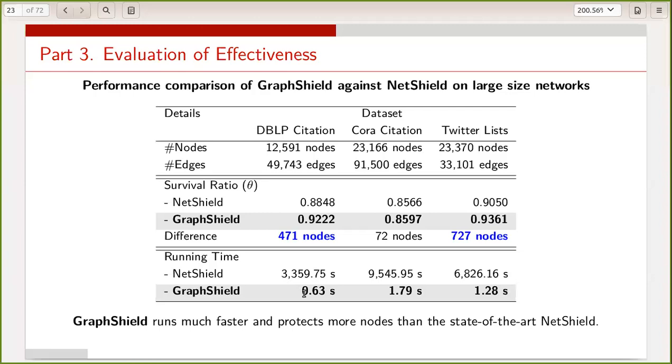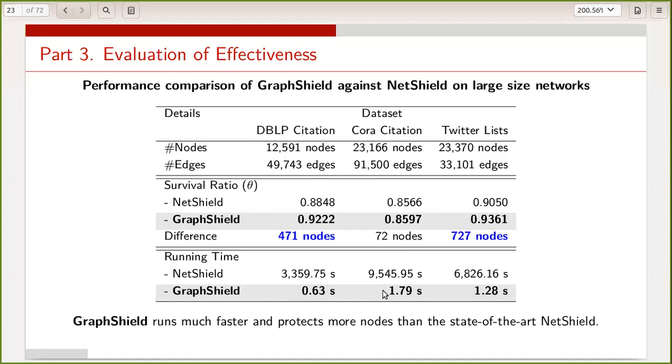But in GraphShield, you need just less than 1 second. And in the Cora citation network, with 23,000 nodes, you need just less than 2 seconds against NetShield, which is almost 10,000 seconds.